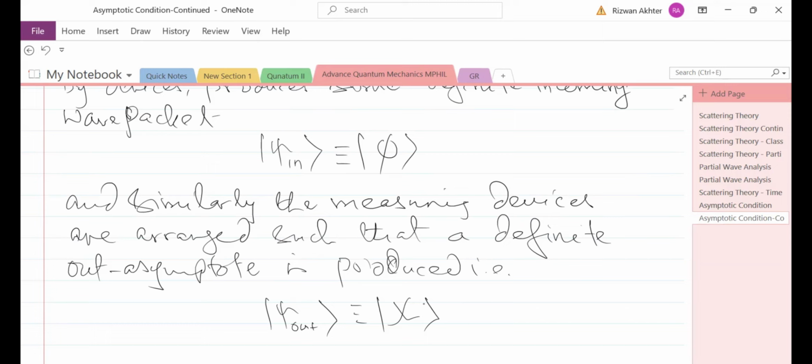So for the limiting cases, we would give them a notation. And what is that notation?